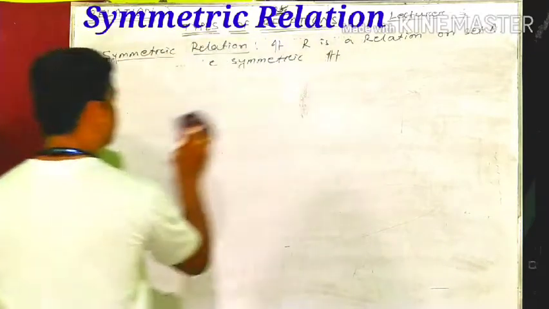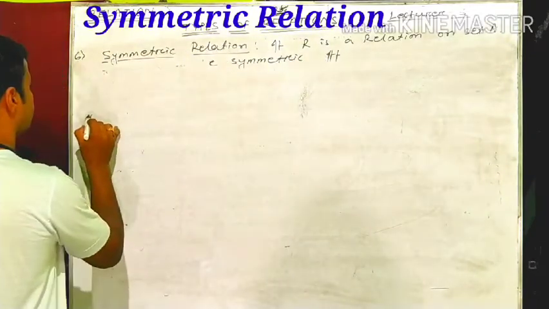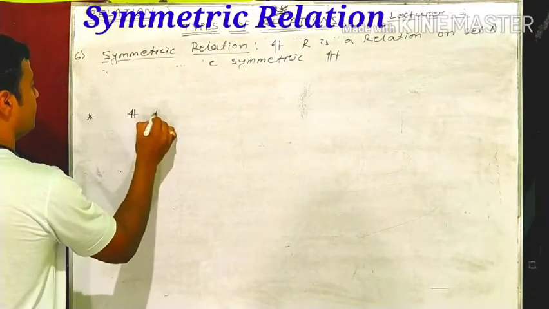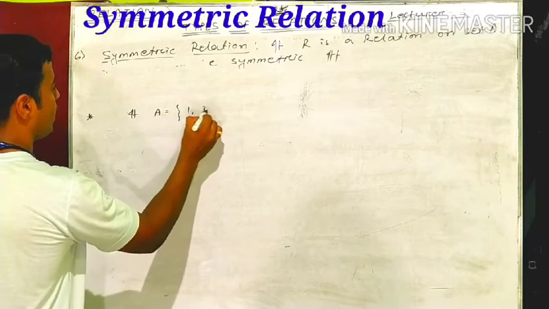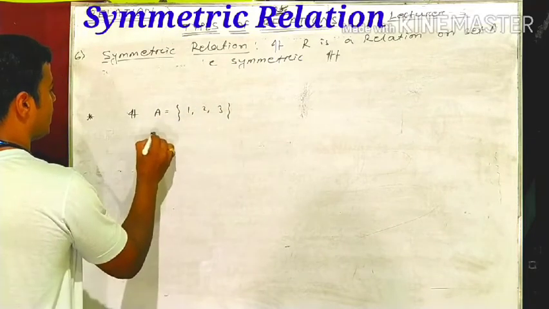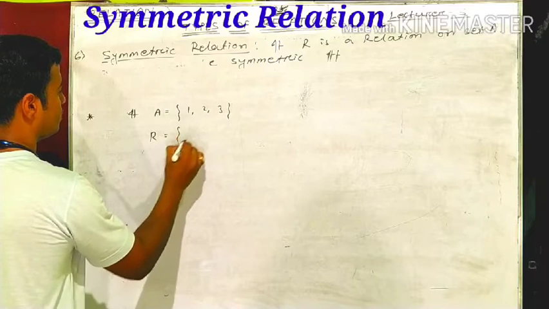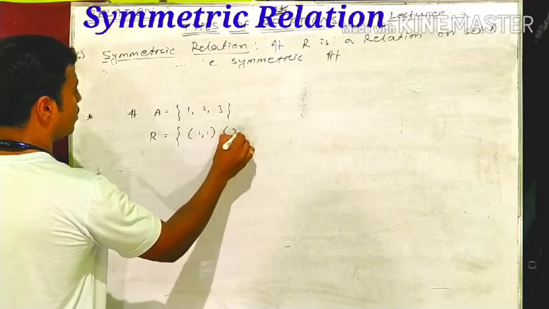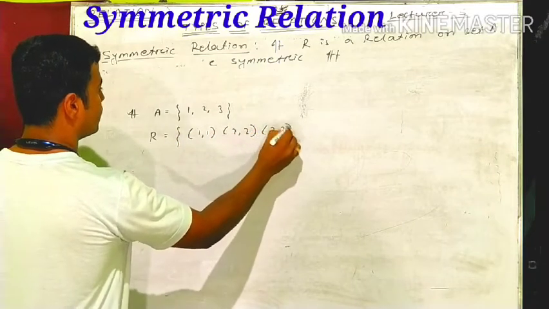Next example: if A is a set containing elements 1, 2, 3 and R is the relation (1, 1), (2, 2), (3, 3).